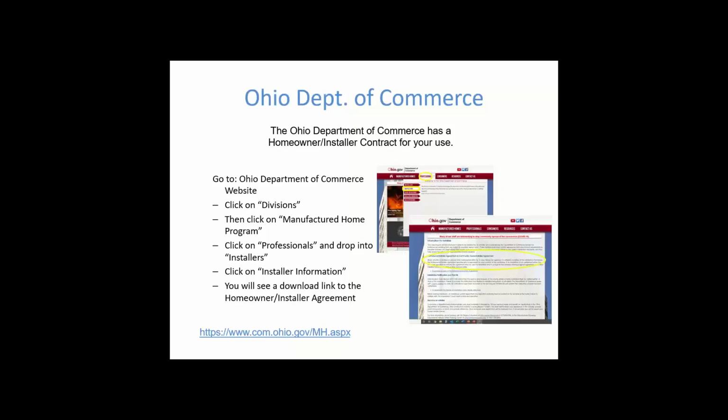And the easiest way, I printed it up so you can get to it. Go to the Ohio Department of Commerce website, click on divisions, click on manufactured home program. There's a professional listing, bring that down, go to installers, click on installer information, and you will see a download link for the homeowner installer agreement. And I really would hope that you would download that to be a permanent fixture within your database. Print it out before you go and meet with the homeowner.